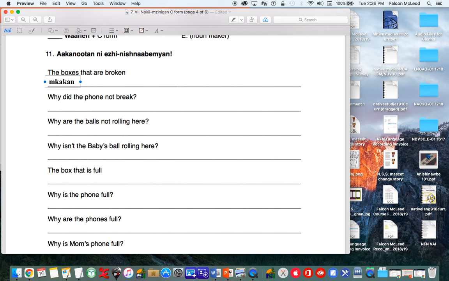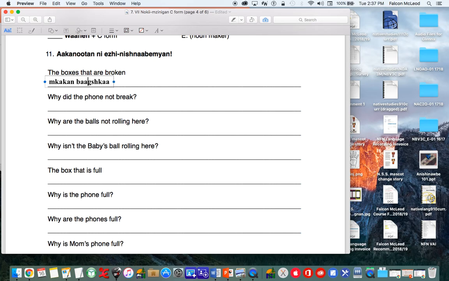And then our verb for broken, again, if you don't know it, you can look it up in the dictionary. But you guys should know it by this point. So our verb is bigshka. Now, we need initial change, where you do that to the first vowel sound, which is double I here.